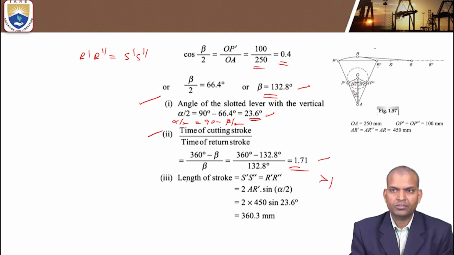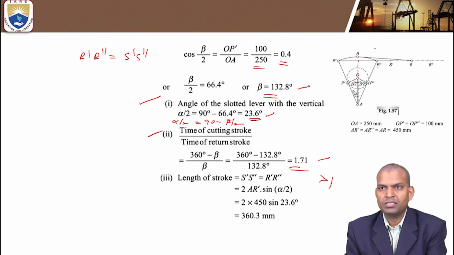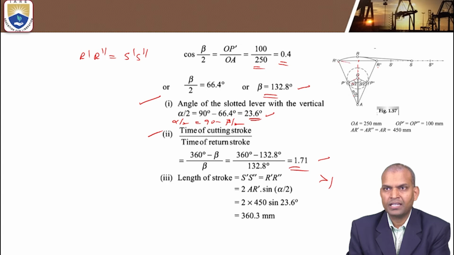Now, the final third objective is the length of stroke. The length of stroke, as I said here, S dash S double dash equals R dash R double dash. This is again another right angle triangle. Alpha by 2, how does it come?